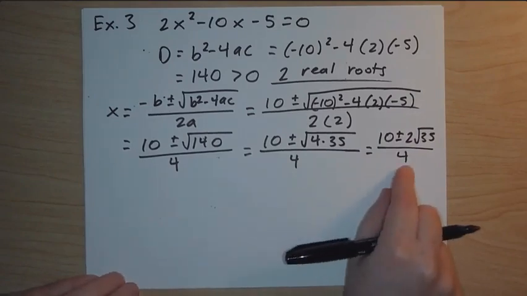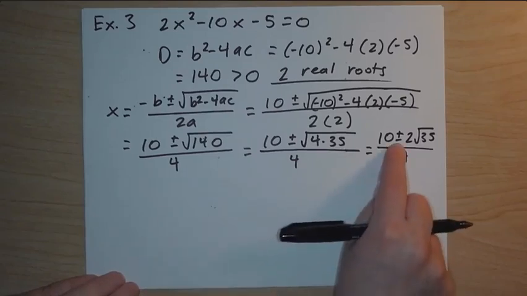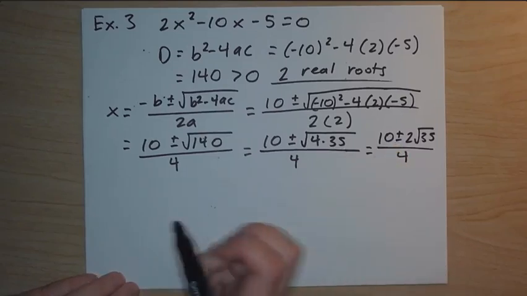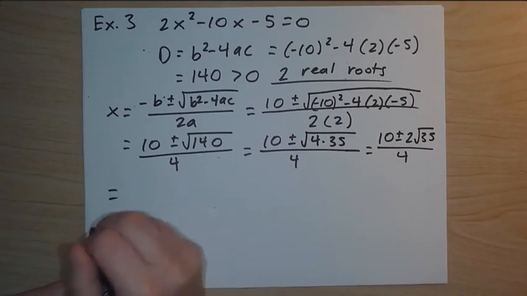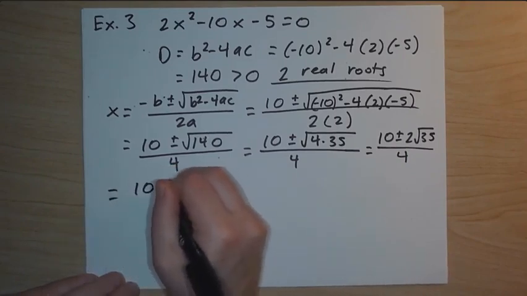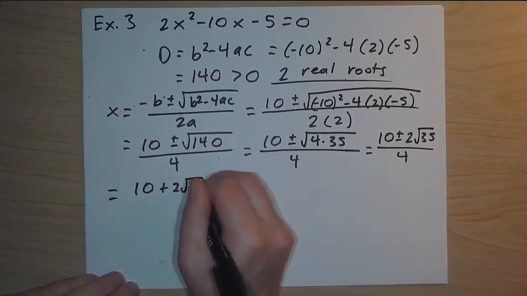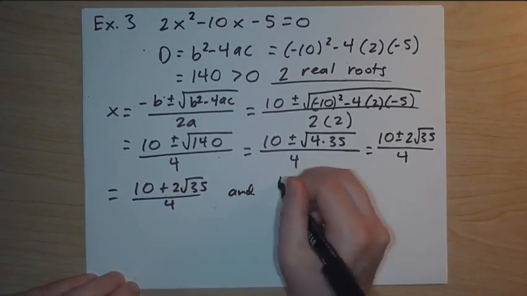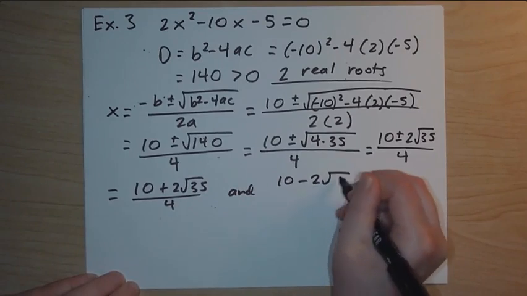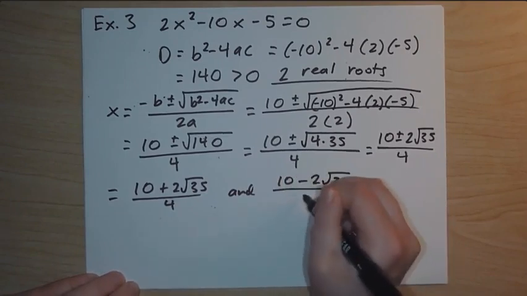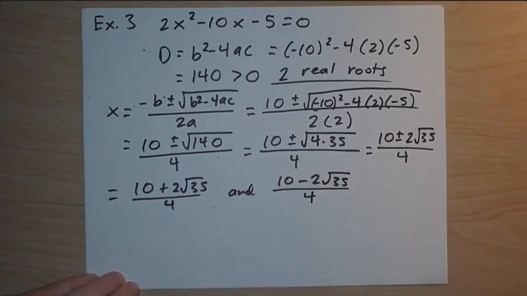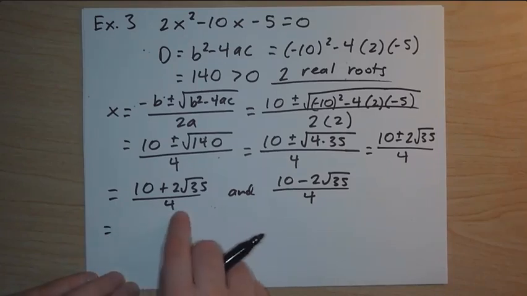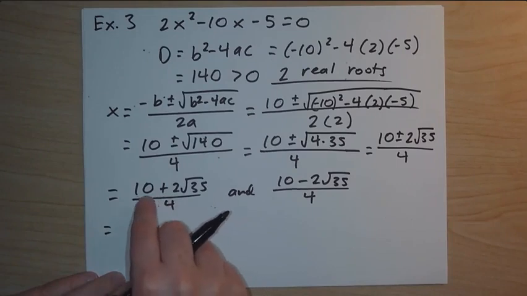Now that we have it in this format, we're going to split it up into our plus and minus. We're going to have two real solutions, which is what we expected. So we have 10 plus 2 square root of 35 divided by 4, and we have 10 minus 2 square root of 35 divided by 4. We can also further separate this because we have our numerator.